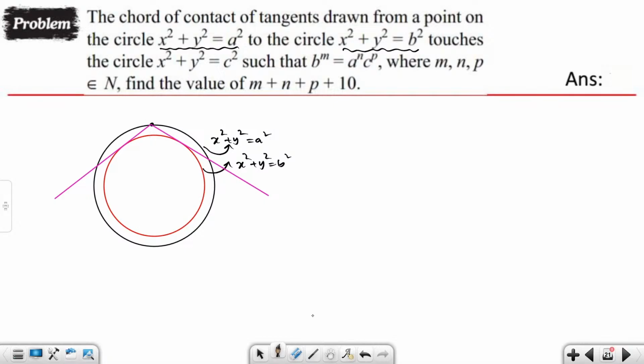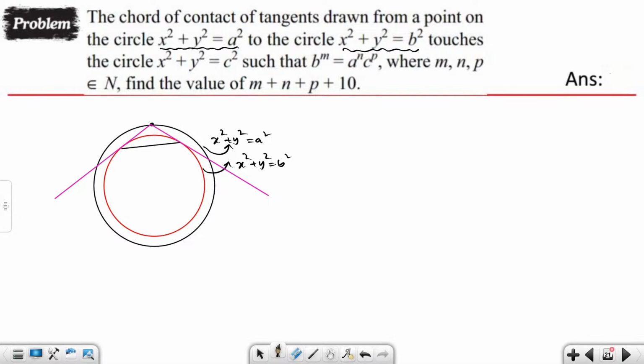Right? Now, what happened? It touches the circle. Which one touches the circle? The chord of contact. So let me join the chord of contact. This is the chord of contact. This chord of contact touches the circle x square plus y square equals c square.